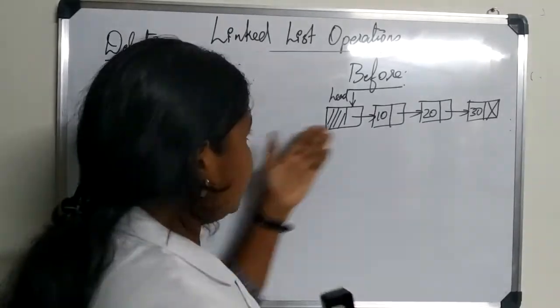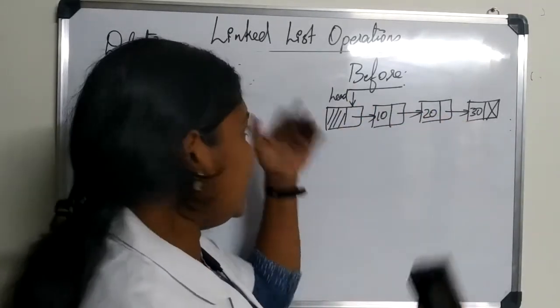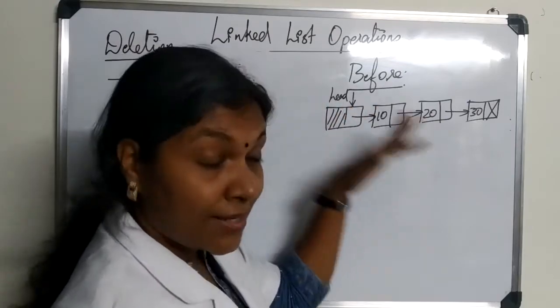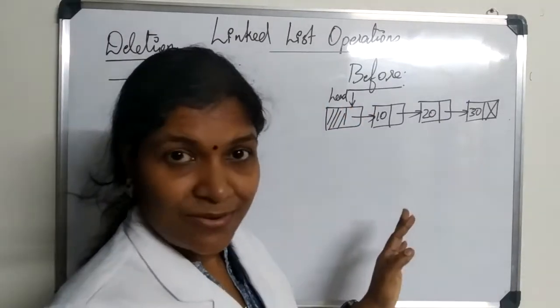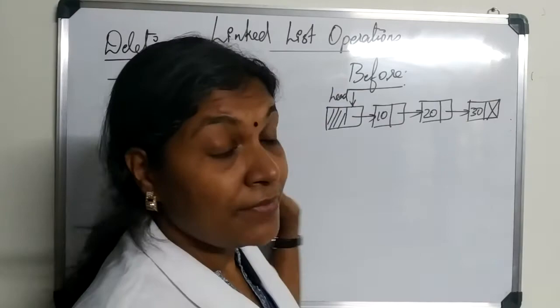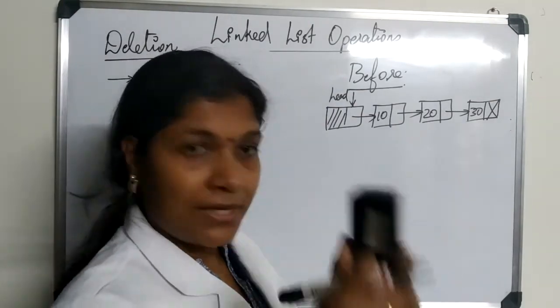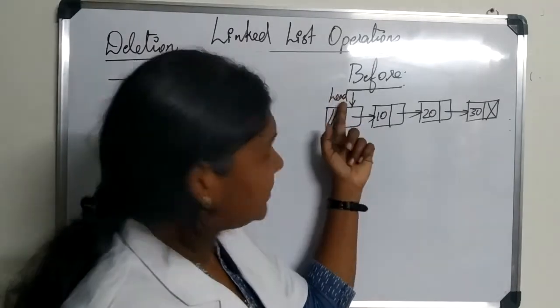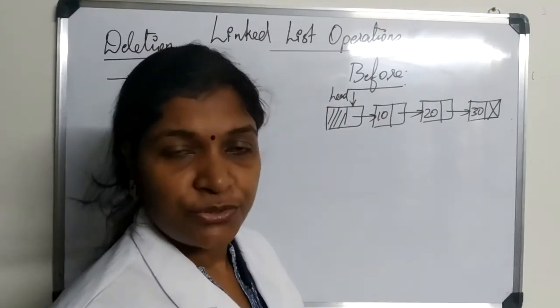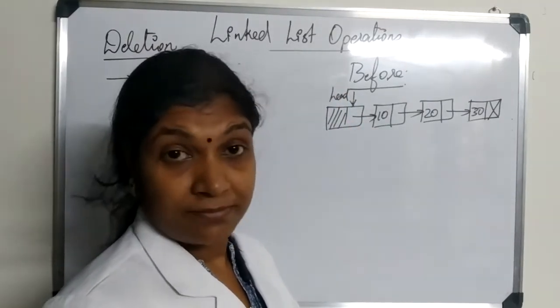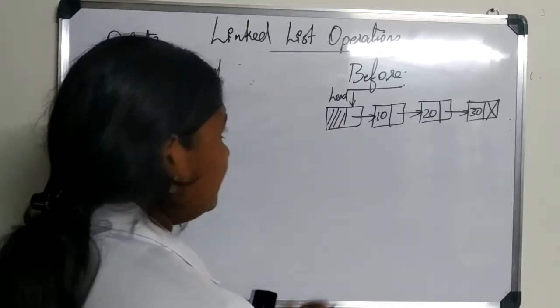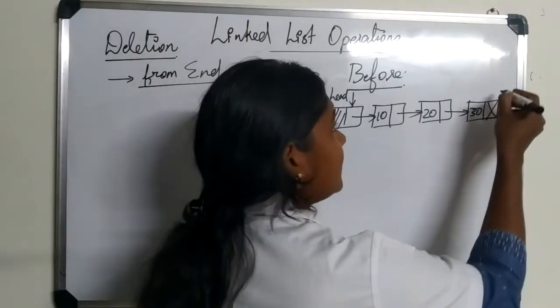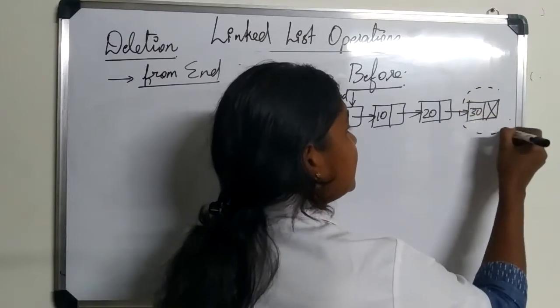When we draw the diagram, I will write either H or head or header. You don't care, okay? But when we write the algorithm, we will always use header only in the class. But if you are using H here, you can use that H also in the algorithm. Fine? That doesn't matter. Then here, this is the node to be deleted.